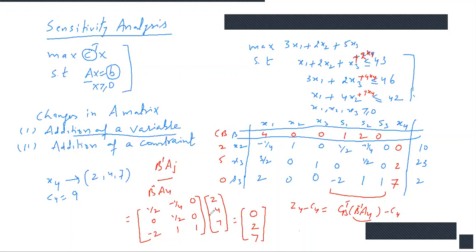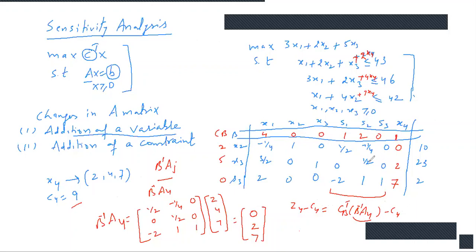B inverse A4 we have already calculated here. So multiply this column CB with the fourth column. What we get? 2 into 0 plus 5 into 2, 10. 10 minus the cost of x4, which is 9. So 10 minus 9 is 1.